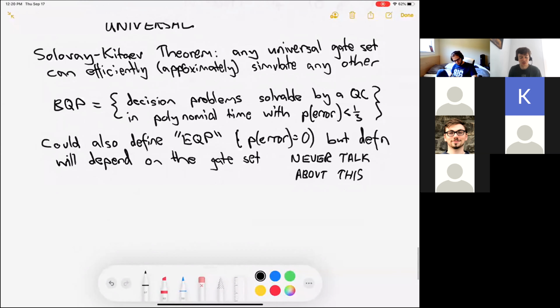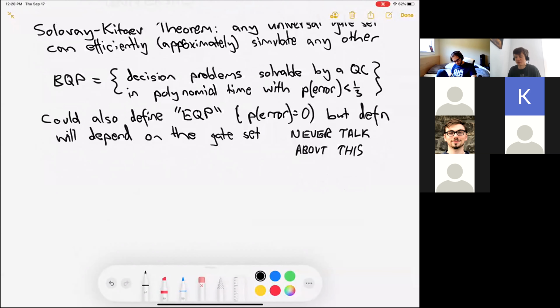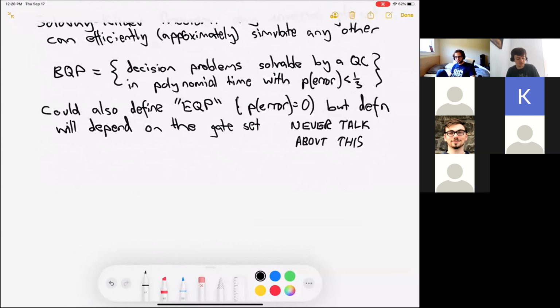Okay, so the final thing I want to talk about today is the following claim, which is that almost all unitaries require exponentially many simple gates.